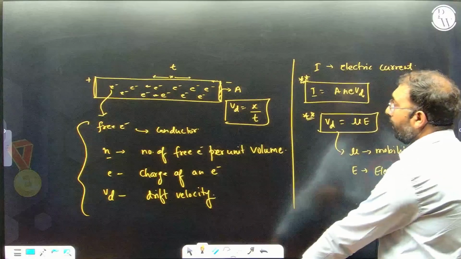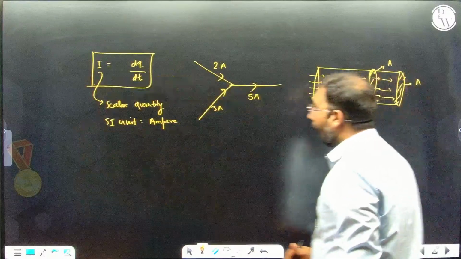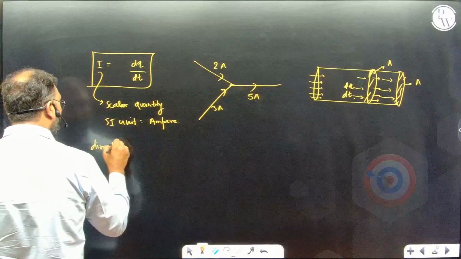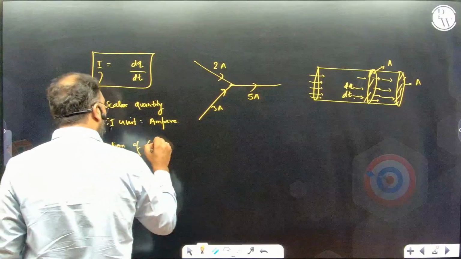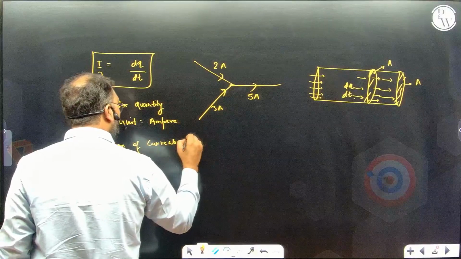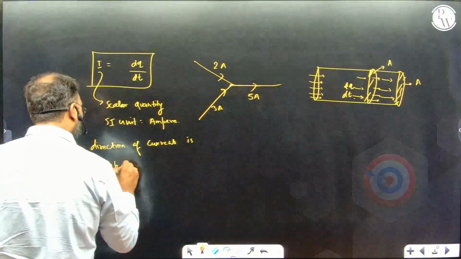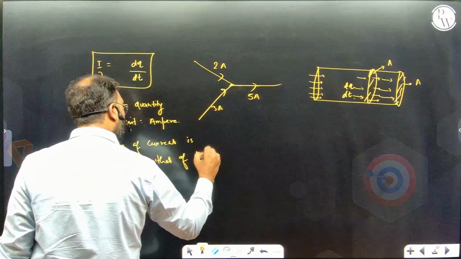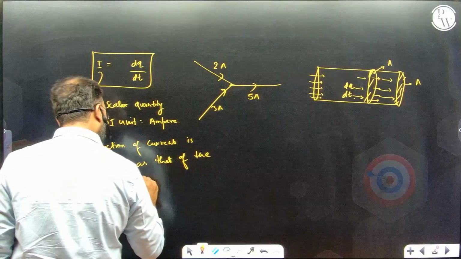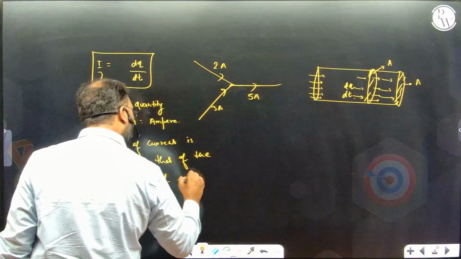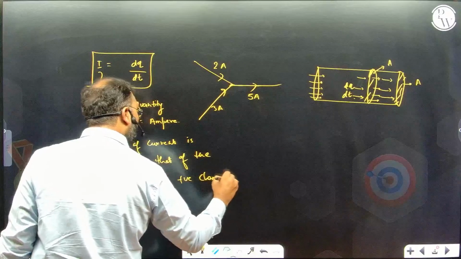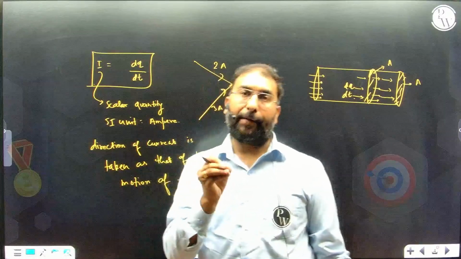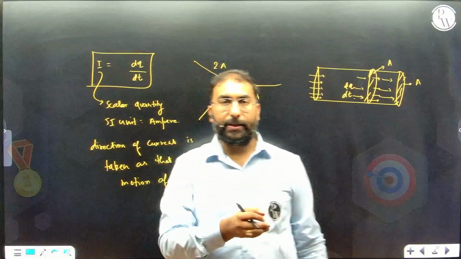And the direction of current is taken as that of the motion of the positive charge. So in our situation, we do not have any positive charge moving inside the conductor, okay? We have only negative charges moving inside the conductor.